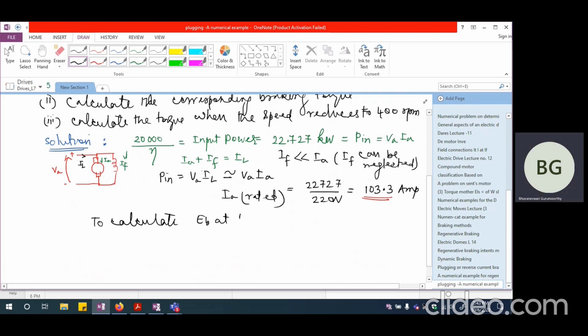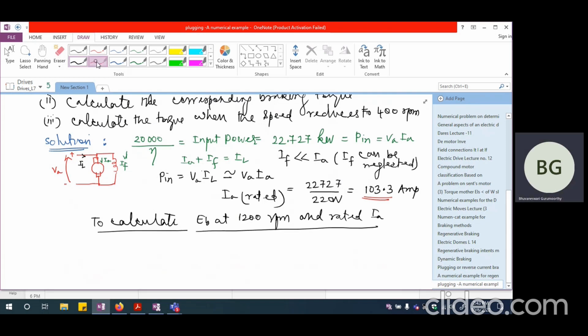So the first and foremost thing I need to do is to calculate EB at 1200 RPM and rated IA when the machine is drawing rated IA. So I'm going to write this as EB equal to VA minus IA RA. VA is 220 volts and IA is 103.3, and the armature resistance value is given to be 0.1.